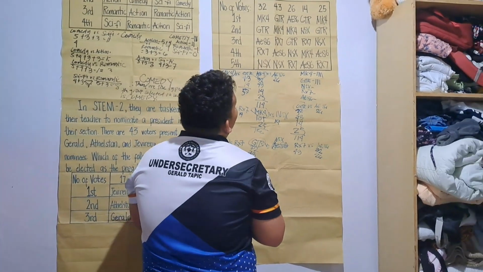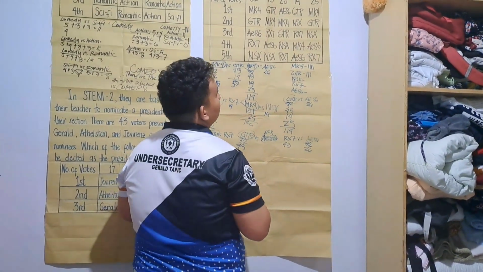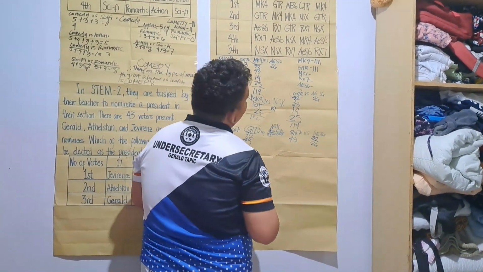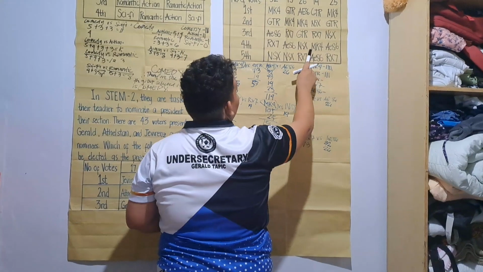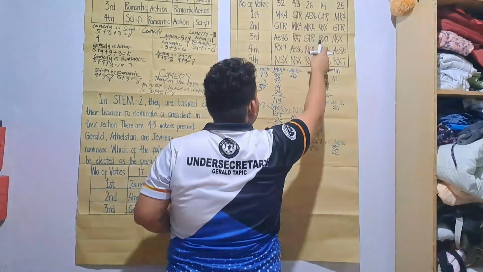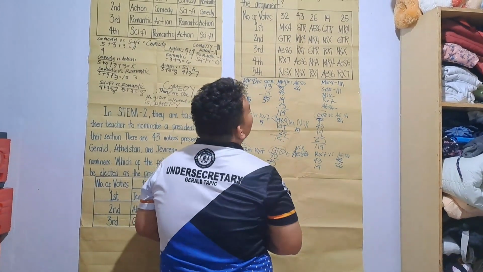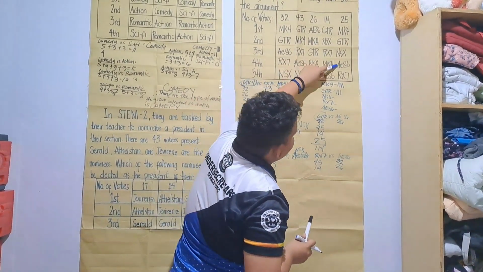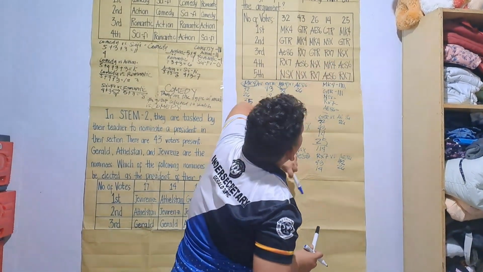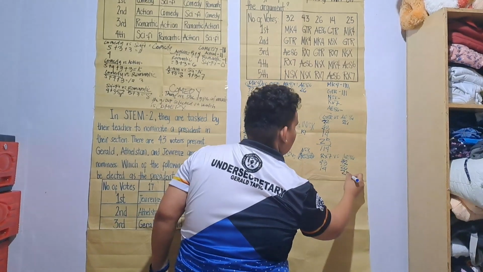In the third column, ay no, third na pala to. In the fourth column, RX7 is first than AE86, so meaning the 14 votes goes to RX7. And the last column, AE86 is first than RX7, so meaning the 25 votes goes to AE86.